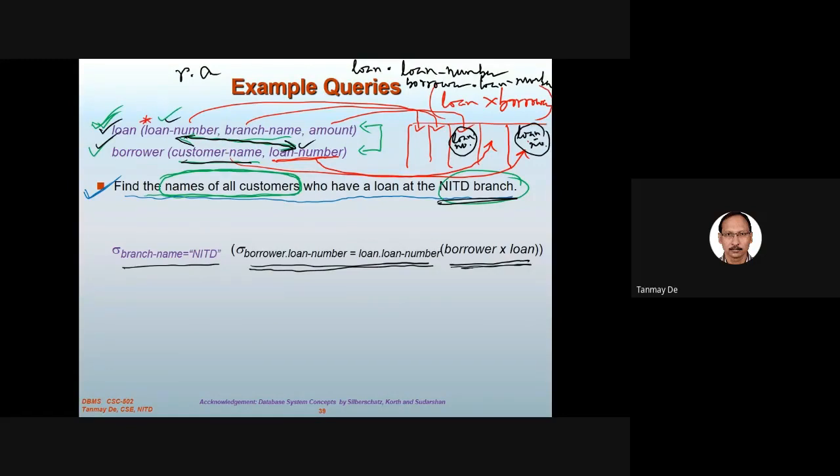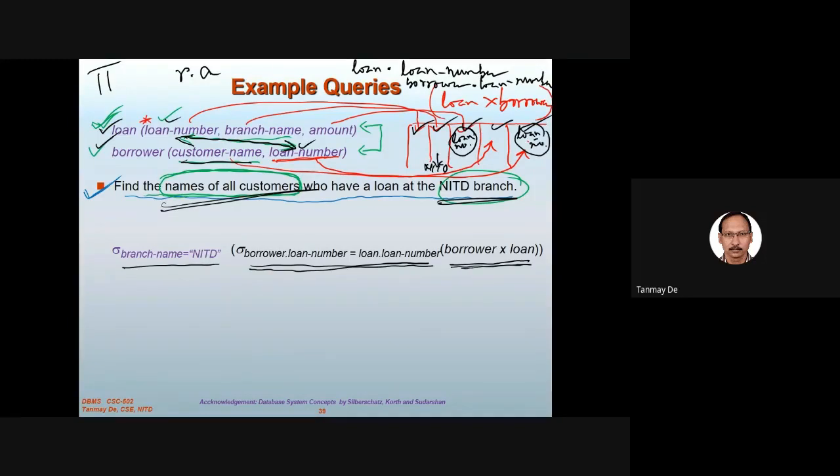Okay, this one right now gives us what? This one gives us the same thing. All the columns are there, but in the branch name column, it is NIT D. Okay. Now what we want is the name of the customer. So now from that we apply which operation? We apply the project operation. So this provides us a relation, or result, or set of tuples.